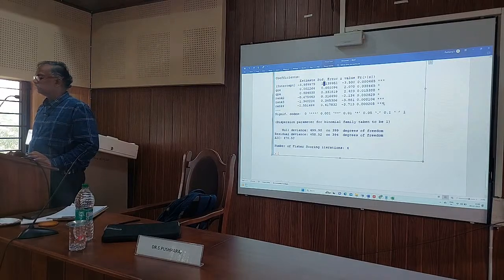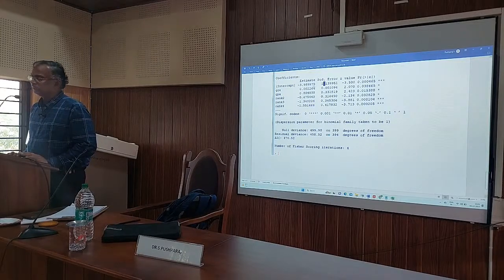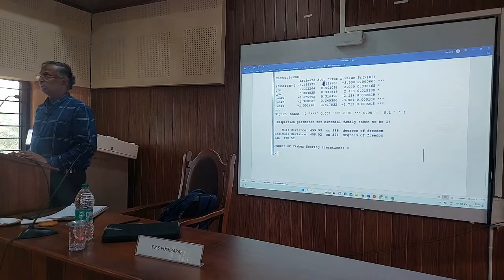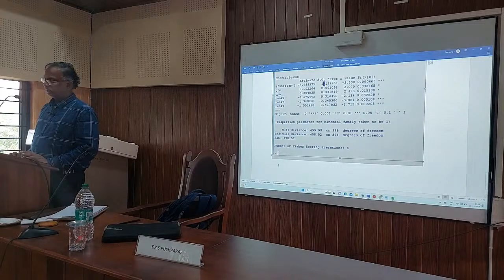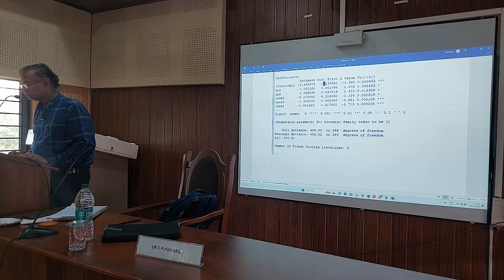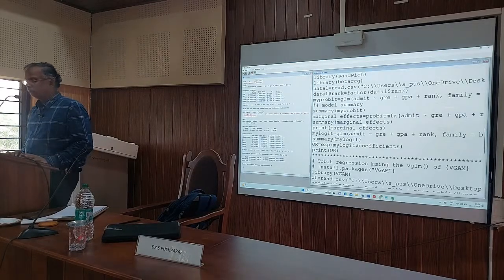Now let us take the odds ratio. How would you take the odds ratio? If you take the exponential values of these logit values, you will get the odds ratio. That will give you the intuitive interpretation. That will give the intuitive meaning.